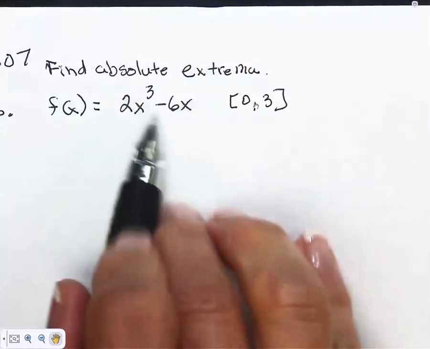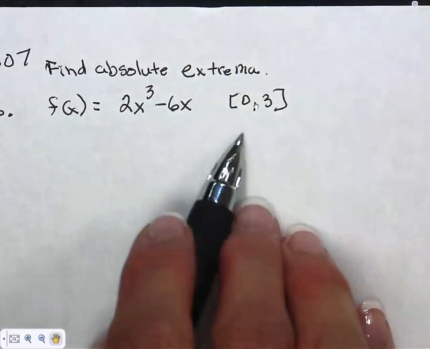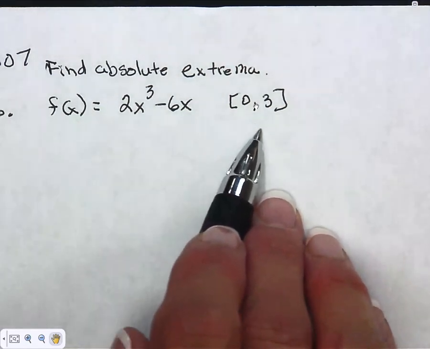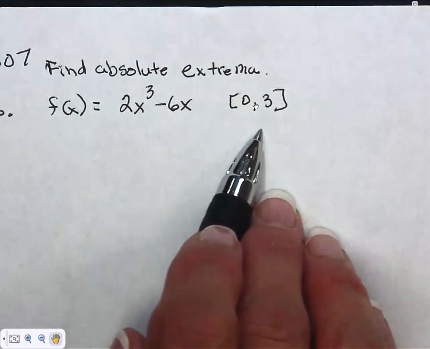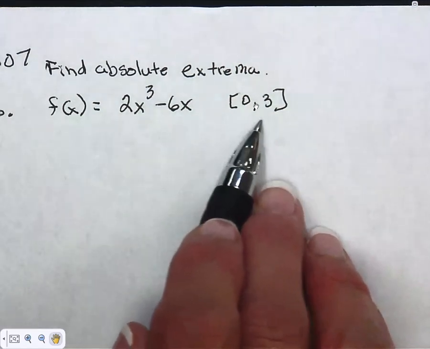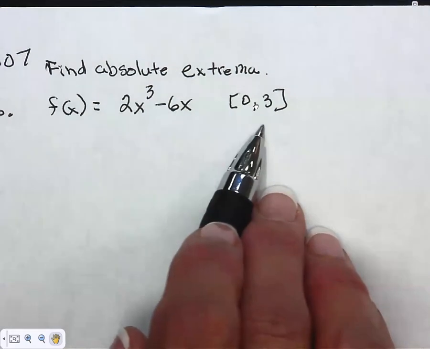The absolute extrema on that closed interval can only occur at the critical numbers or at the endpoints. So I'm going to find the critical numbers, and then I'm going to put those critical numbers and those endpoints on an XY chart, find the highest Y value and the lowest Y value.